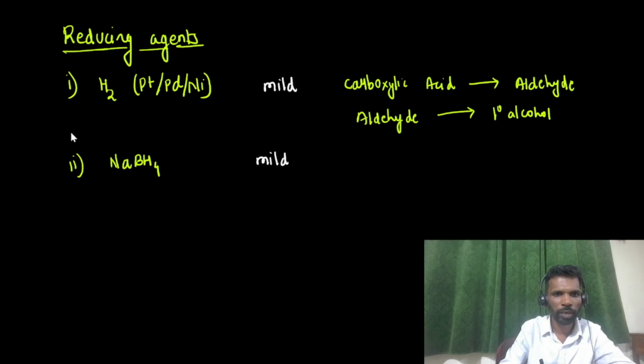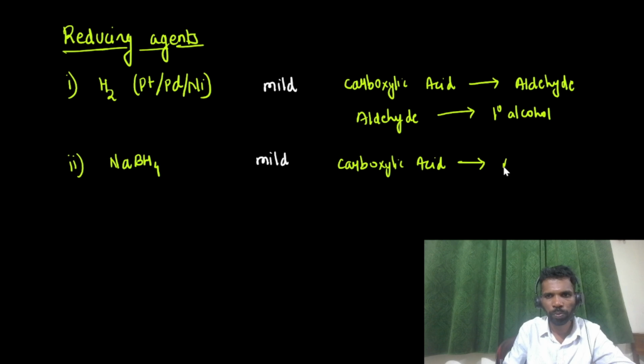Same way for the second one also. That is, carboxylic acid will be reduced to aldehyde. And if you apply it on aldehyde, it will get converted to primary alcohol.